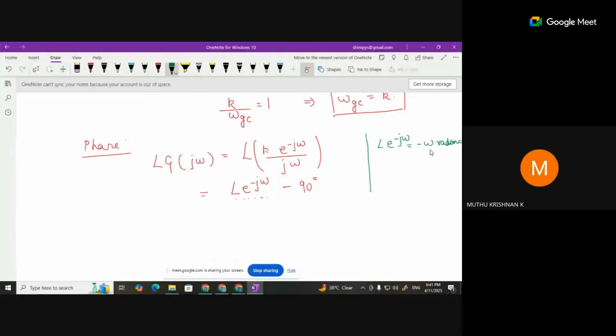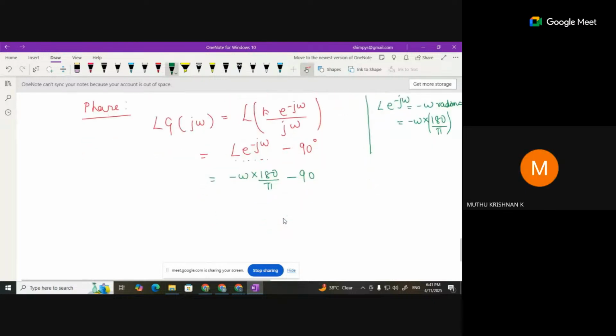Now I have to change it into degrees, so I'll multiply this by 180 by pi, because the other term is in degrees. So it becomes minus omega into 180 by pi minus 90. Is it correct? Do you get this step?